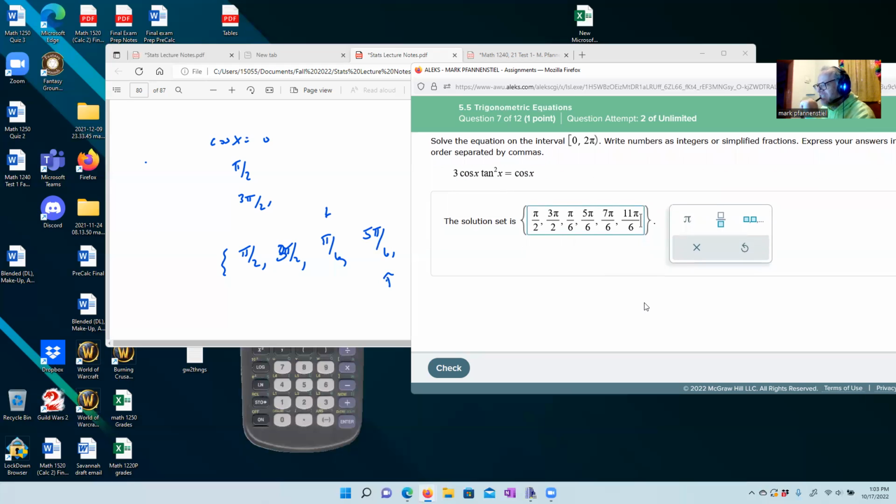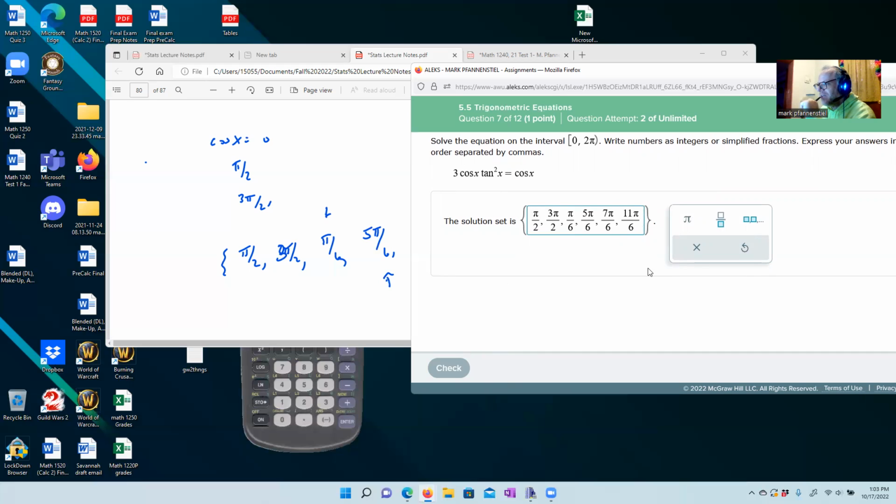Let's go ahead and check it and see how we did. There's first quadrant, third quadrant, second quadrant, fourth quadrant, and then where is cosine equal to 0? That's at 90 degrees.